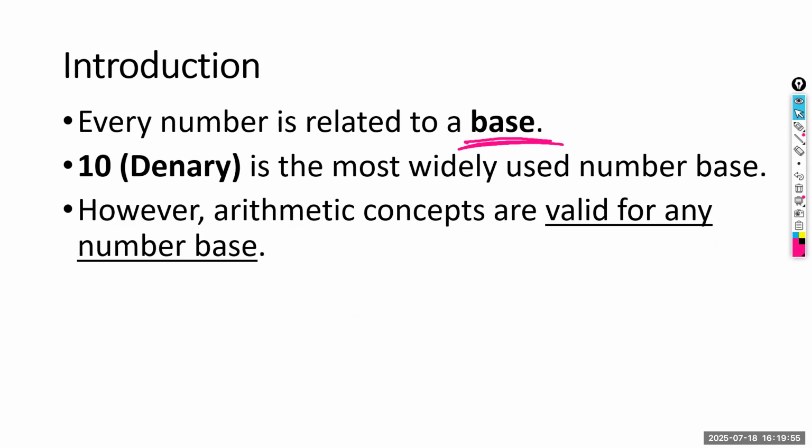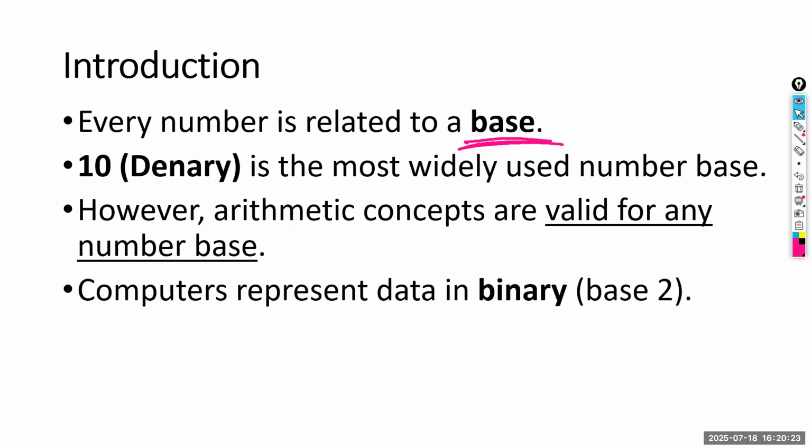Base 2, base 3, base 4, base 5, base 6, base 7, base 11, 12, 13, 14, 15, 16, or base 100, base 5,000, or whatever. We have just decided on base 10 as our preferred base. Whenever we write a number, implicitly we consider that it is base 10. But we can extend that concept to any base.